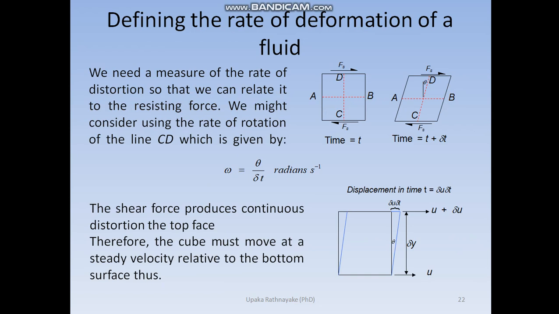Let us consider a cube ABCD and assume it has distorted under the shear. Now, the distorted angle is theta to the vertical. Therefore, the distortion rate is theta in a time of delta t, so theta divided by delta t. Now, we all know that is the angular velocity omega.